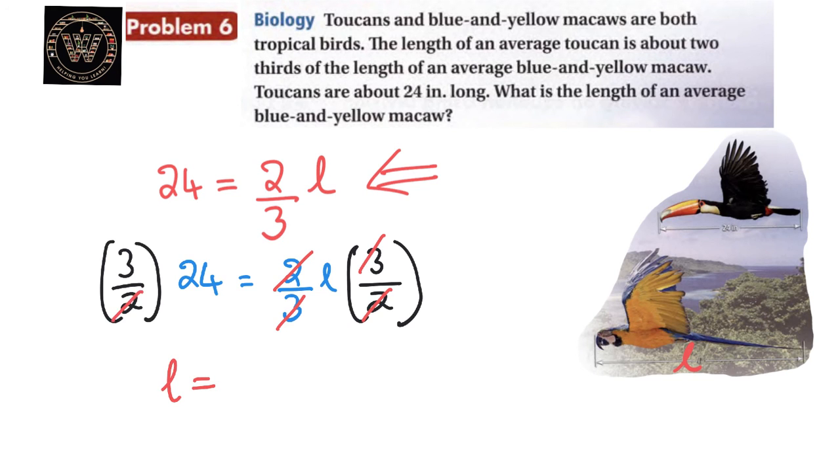Observe, 2 1 times is 2, 2 12 times is 24, and 12 times 3 is 36. So the length of the blue and yellow macaw is 36 inches long. This is how we apply the concept of solving one-step equations to word problems, even in biology, in real life situations.